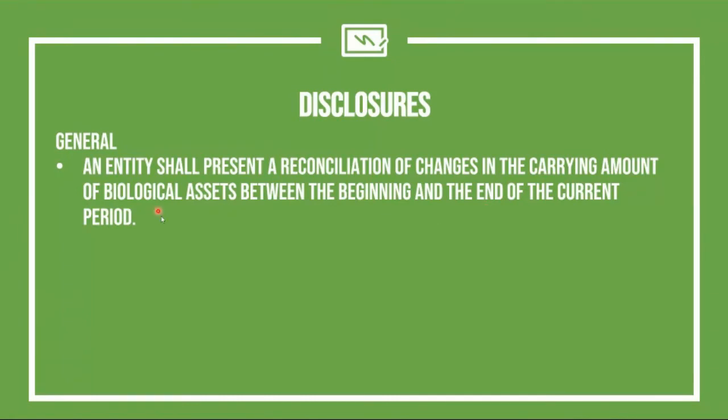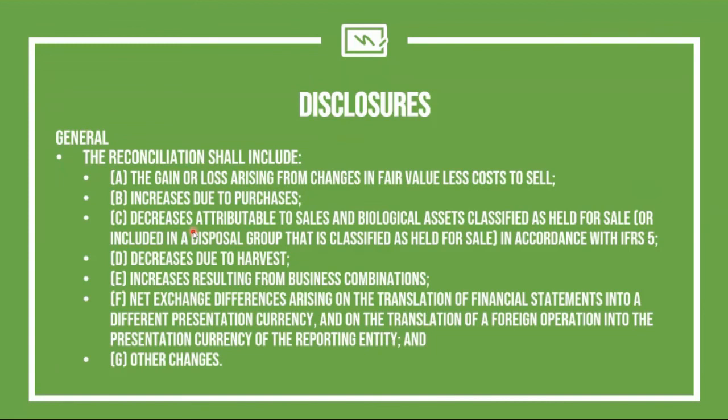And an entity shall also present a reconciliation of changes in the carrying amount of biological assets between the beginning and the end of the current period with the following details.